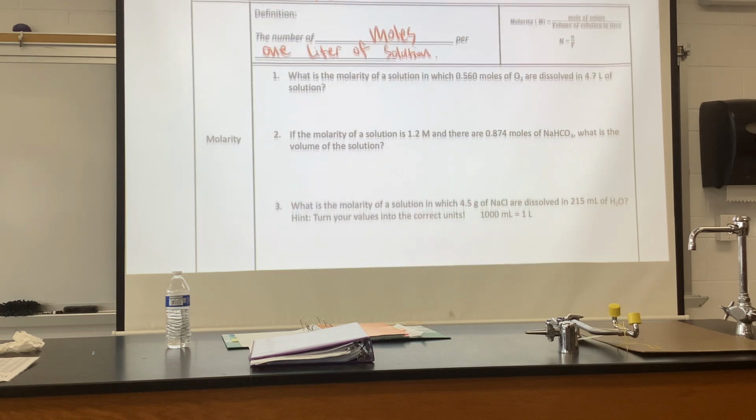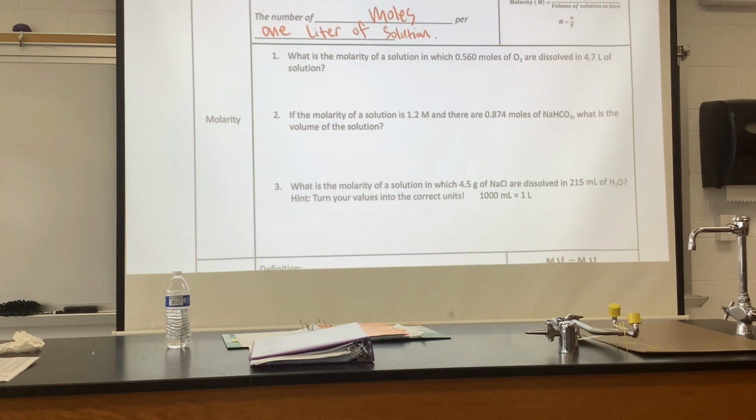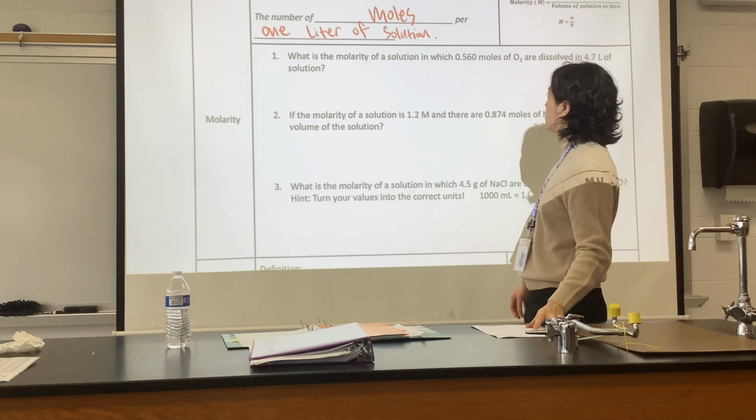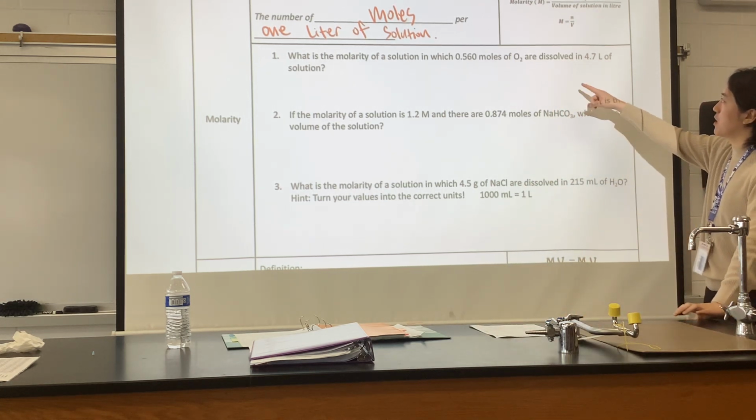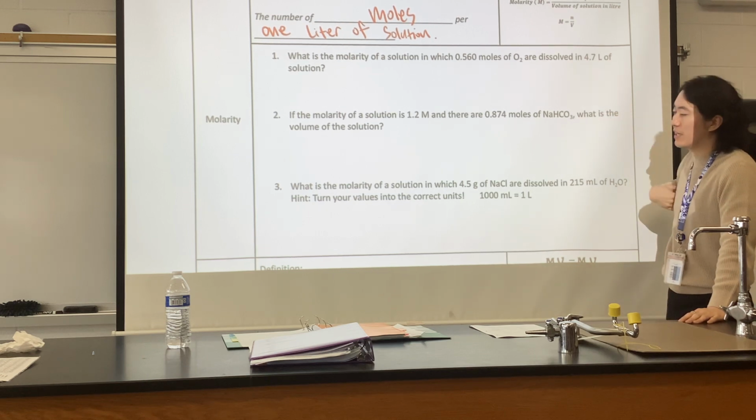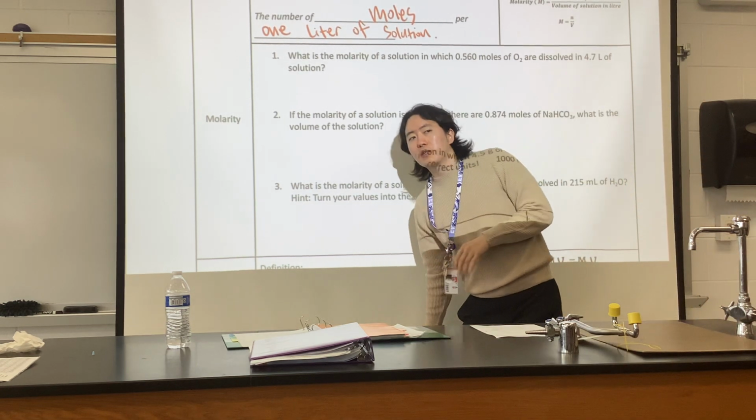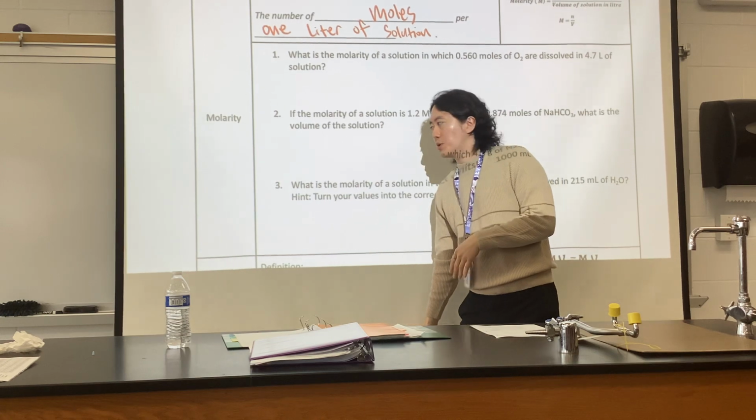So let's go ahead and do some calculations now. Just 3 and we're done for today. So, I'm just going to do it on the board. Number 1, what is the molarity of a solution in which 0.56 moles of O2 are dissolved in 4.7 liters of solution? Now, first, we need to understand what equation we have to use here.